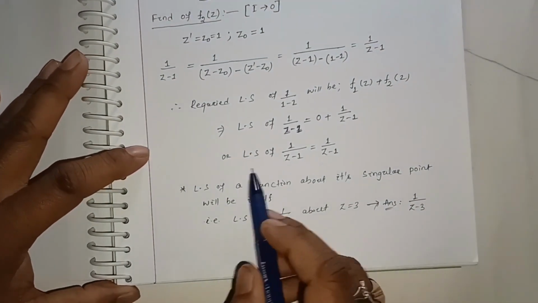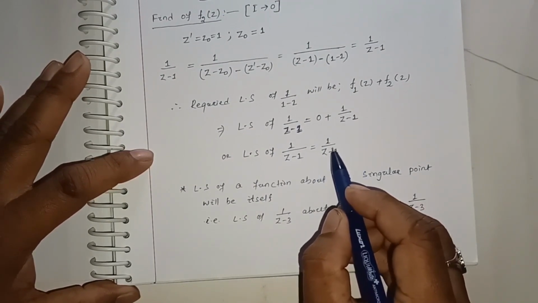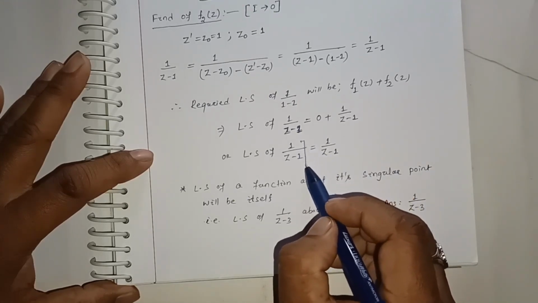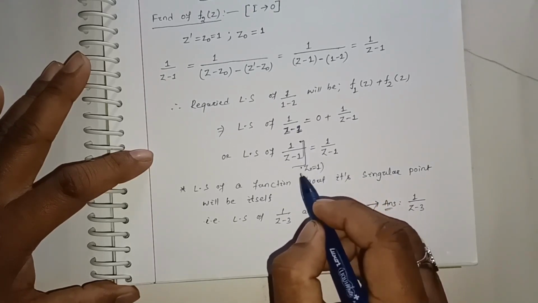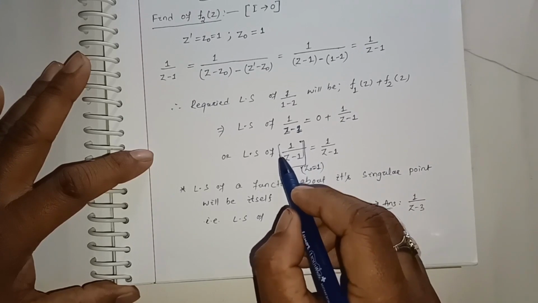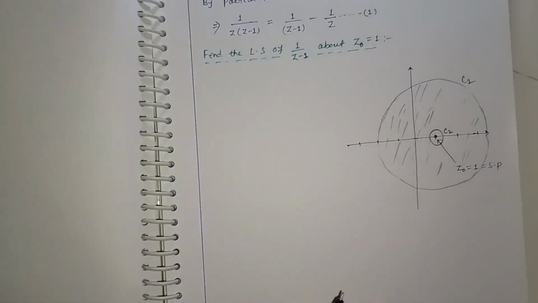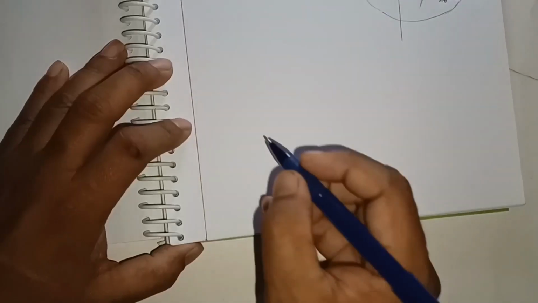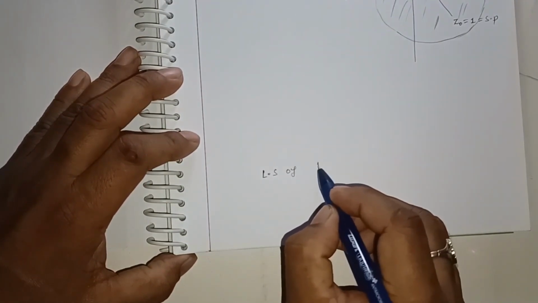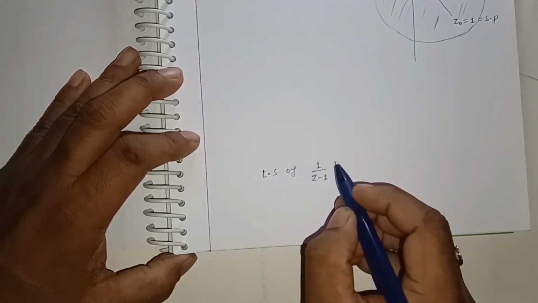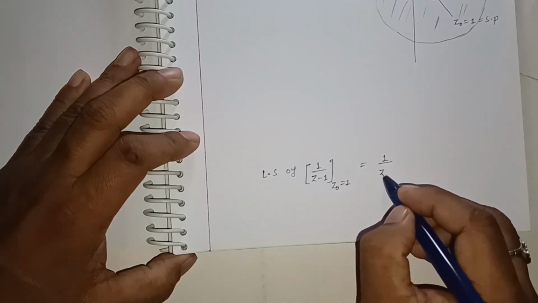And we find the Laurent series of 1 by z minus 1 about z0 equal to 1 will be equal to 1 by z minus 1.